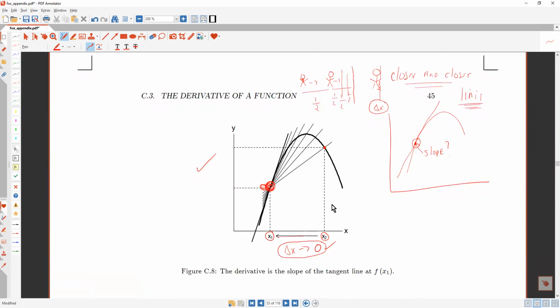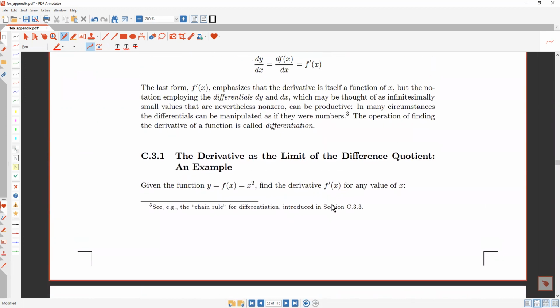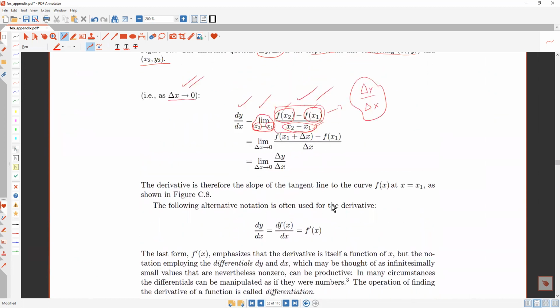So to describe that change on the x-axis, we are not going to settle with the idea of x2 going towards x1. We want the change in x to go all the way to 0, right? No change.